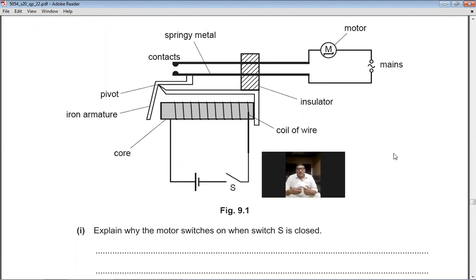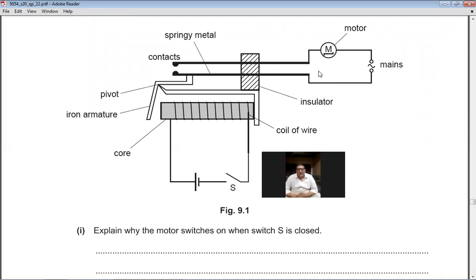When the current flows through this coil, it becomes an electromagnet, and the iron helps to make that electromagnet stronger. Iron is a soft magnetic material. When you stop the current, when you open the switch, the iron immediately loses its magnetism. So this iron armature will be released, it will go back, the contacts will be open and the motor will stop.